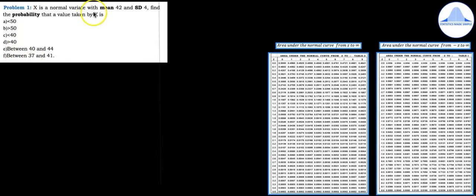Problem 1. X is a normal variate with mean 42 and standard deviation 4. Find the probability that a value taken by X is first subdivision less than 50, second subdivision greater than 50, third subdivision less than 40, fourth subdivision greater than 40, fifth between 40 and 44, and sixth between 37 and 41.